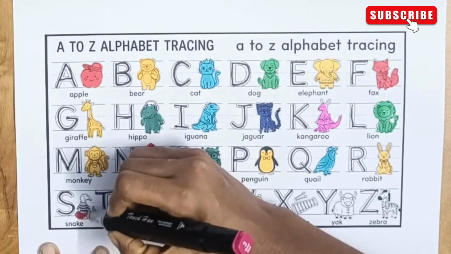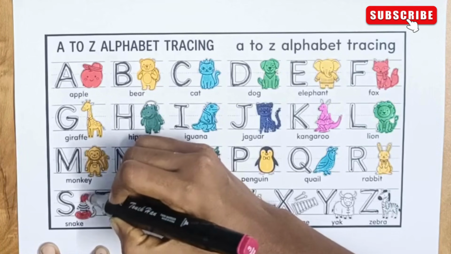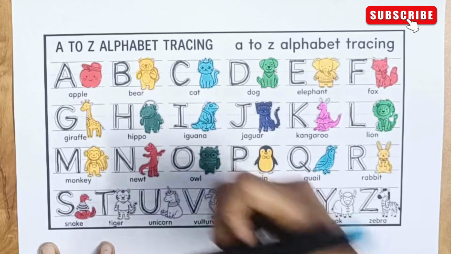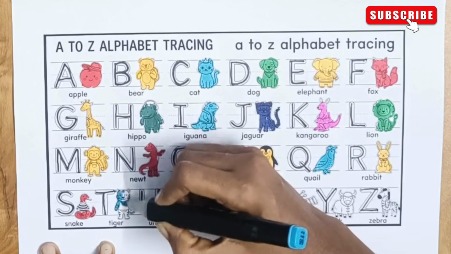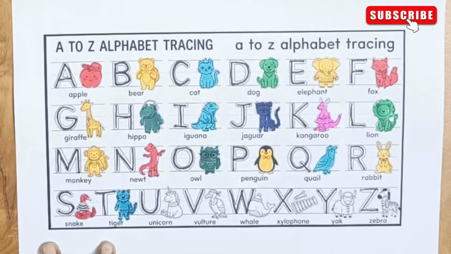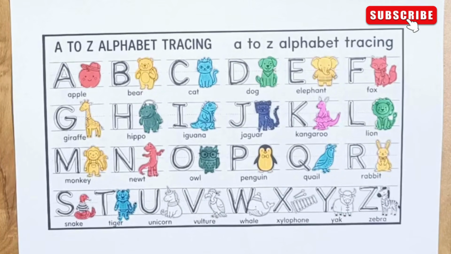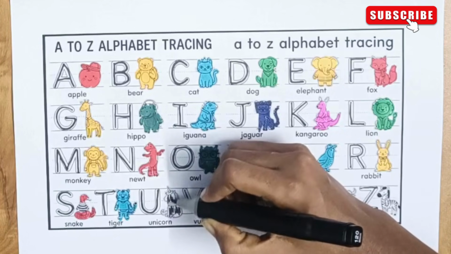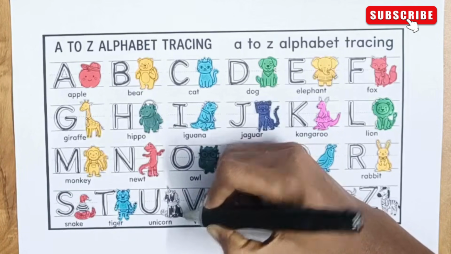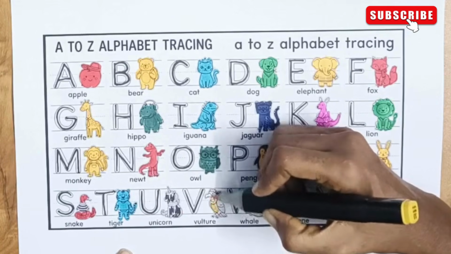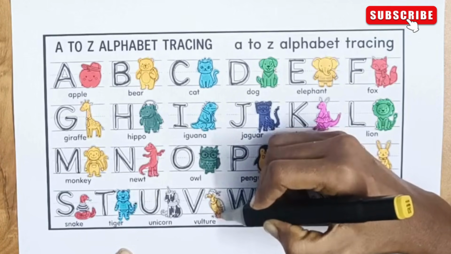Next, S for snake. Next, T for tiger. Next, U for unicorn. Next, V for vulture.